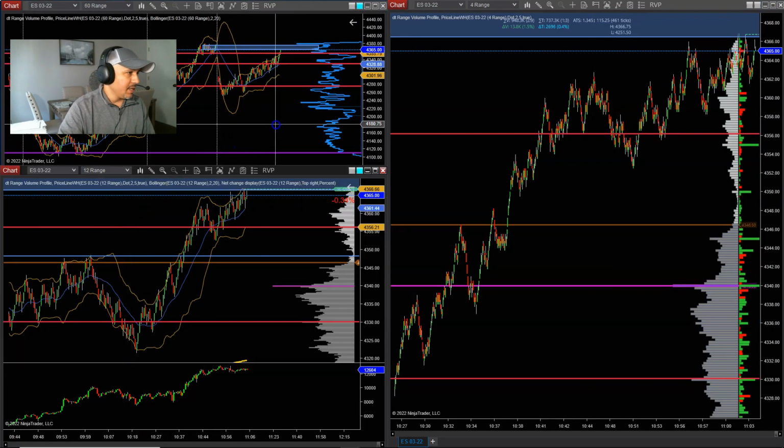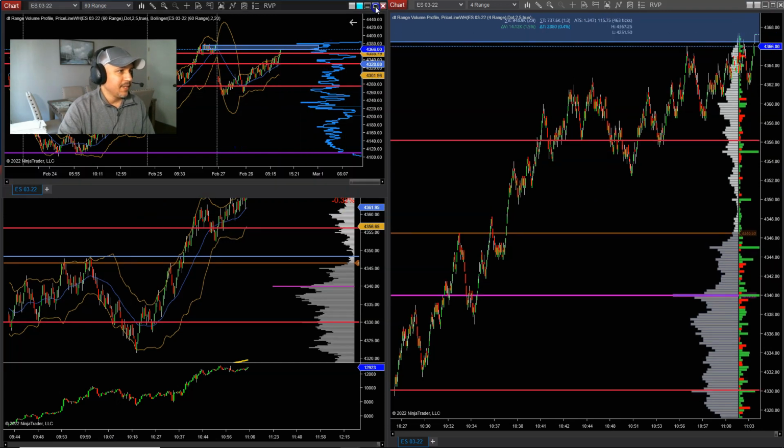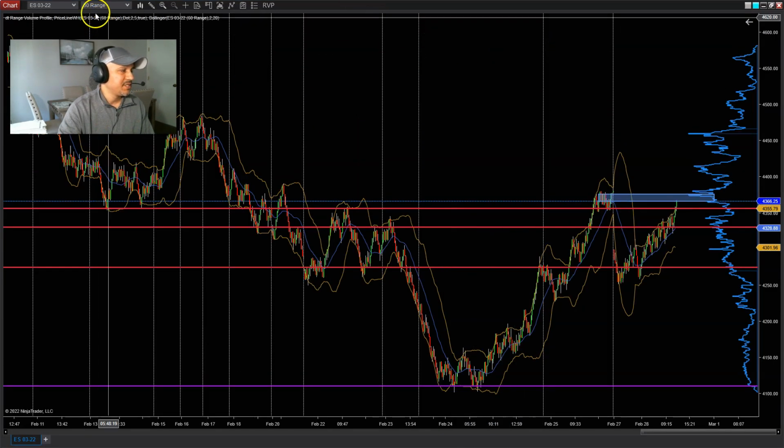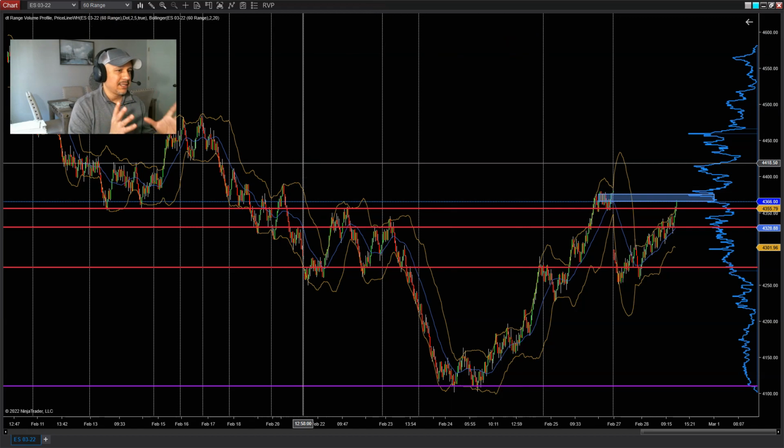Actually, this was a 60-minute chart. I changed to a 60 range chart because I like to look at it. The range charts just to me are cleaner. The price action movements are just cleaner to me, as far as the movement of price, a lot clearer than looking at a 60-minute.